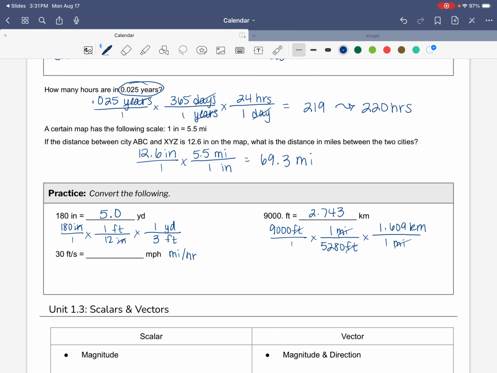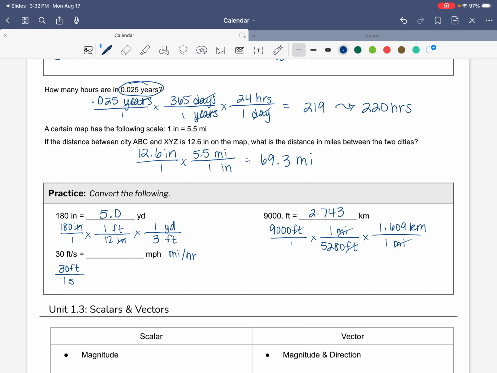Sometimes the MPH throws people off. I'm going to write my first one a little bit differently than before because we have something to put in the denominator other than just the 1. So we're going to have 30 feet per 1 second. The seconds go in that denominator.